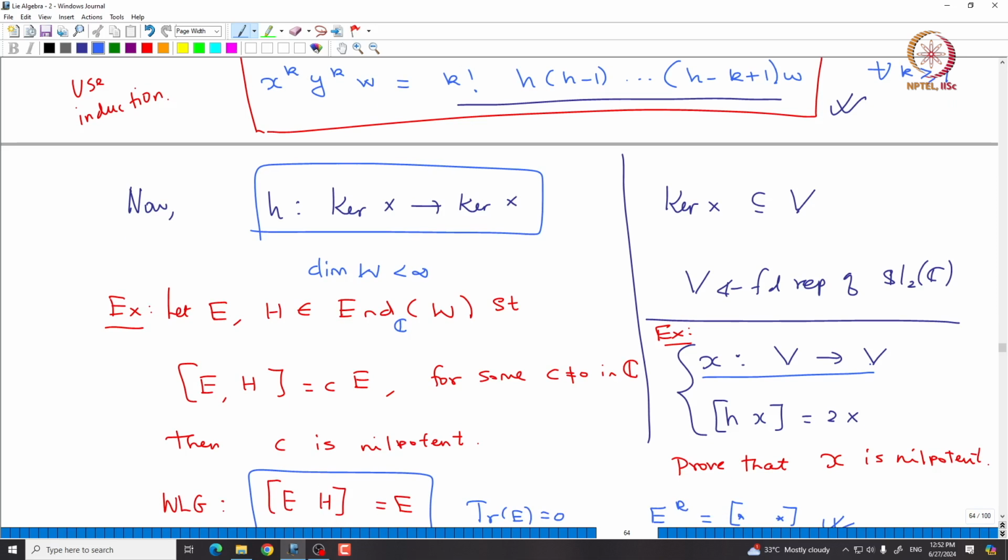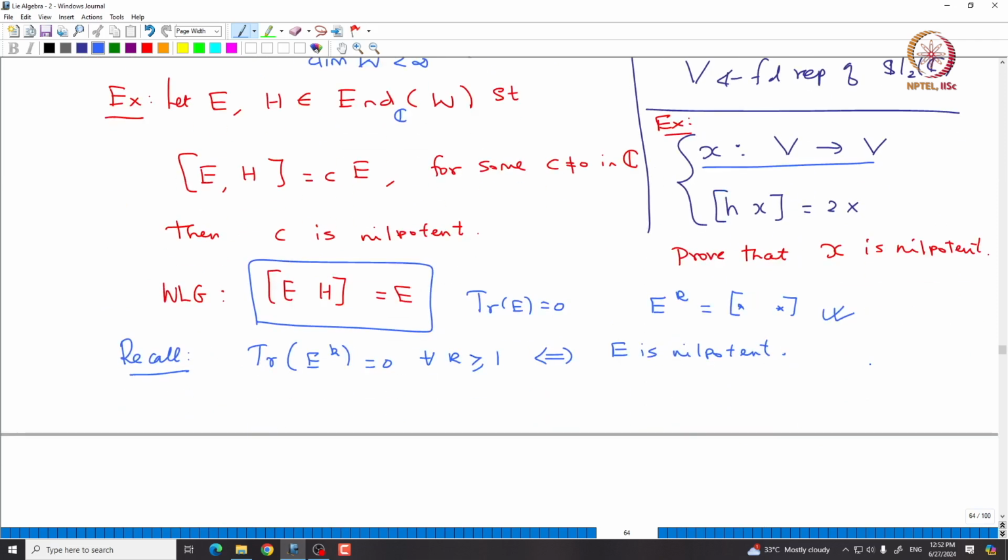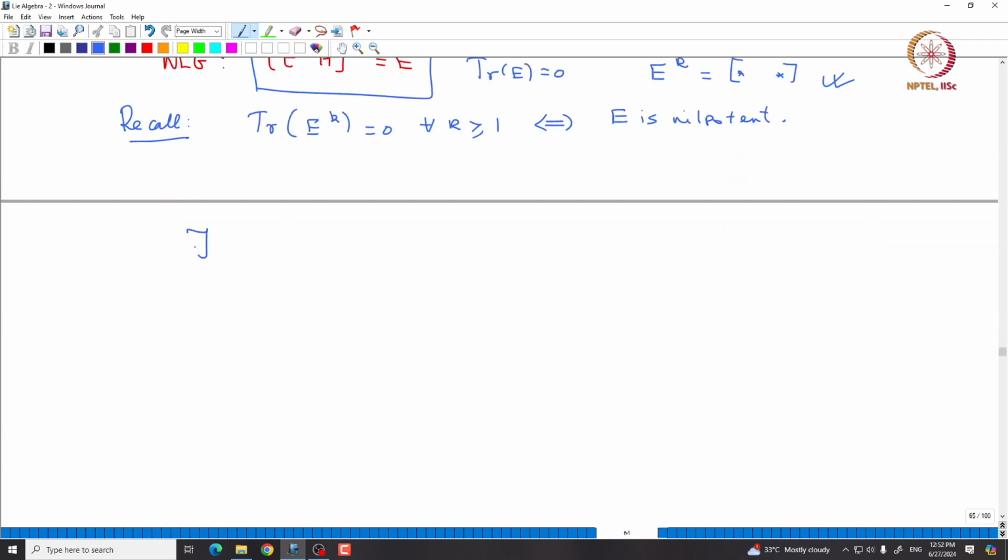So, now when you restrict a nilpotent operator to any invariant subspace, that will be nilpotent. So, using that you can prove that there exists n in N such that x to the power n, y to the power n, w is 0 for all w in kernel x.